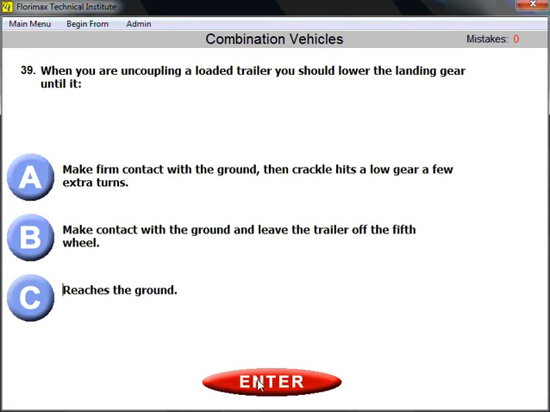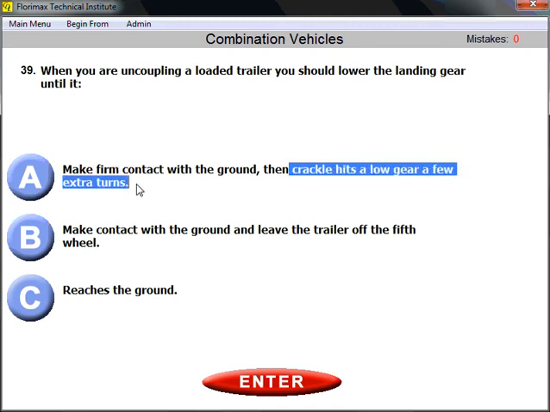Question number 39. When you are uncoupling a loaded trailer, you should lower the landing gear until it makes firm contact with the ground, and then crank it in low gear a few extra turns to make sure that you really have a good contact with the ground.